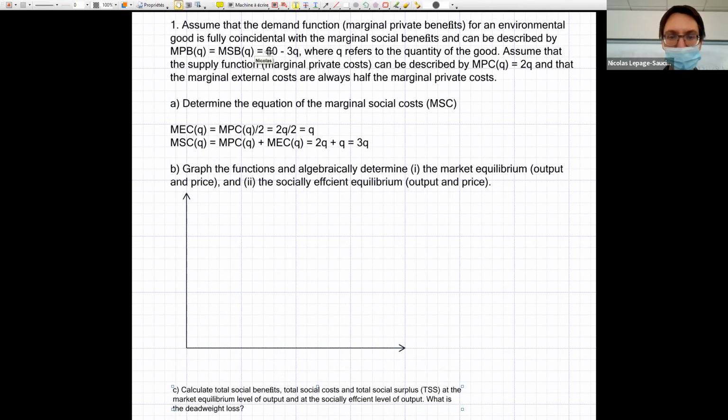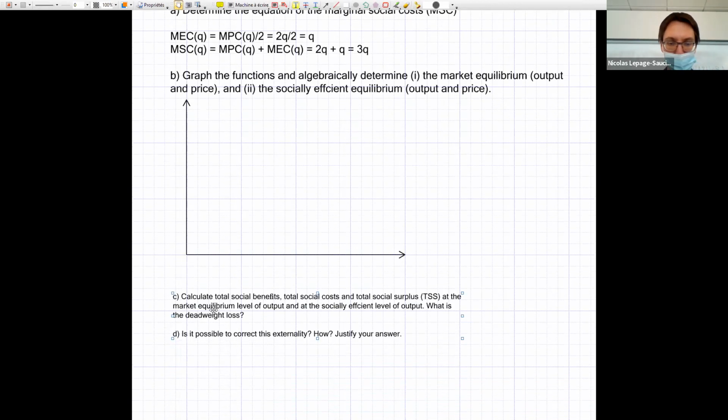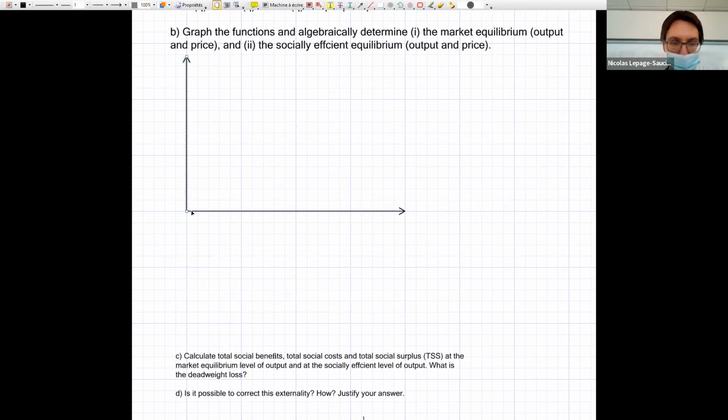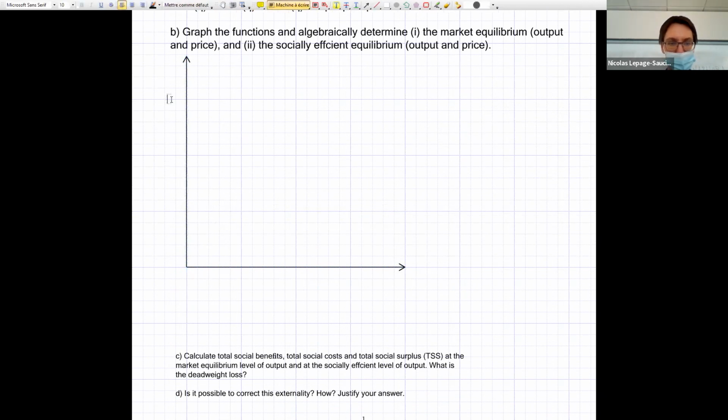So 6T minus 3Q equals, so if this is 0, then this equals 20. So let's place here. And then 60 would be there, so 20 is here.